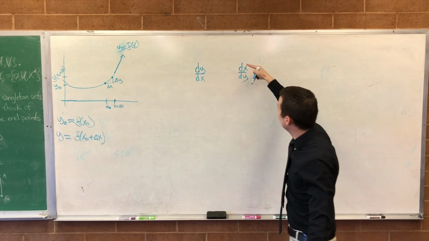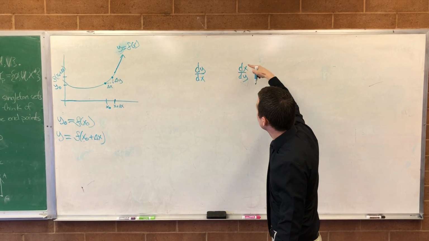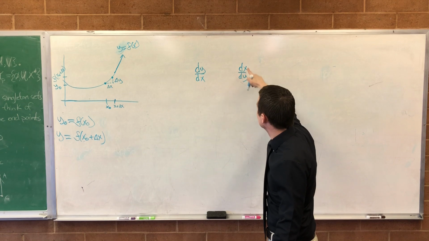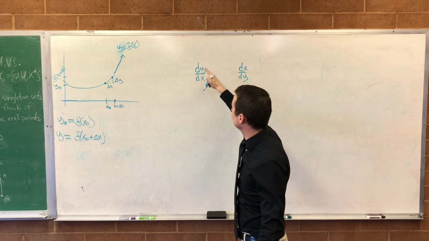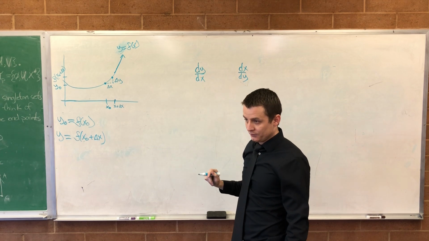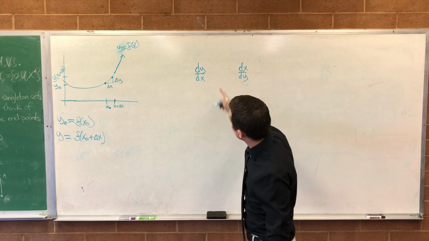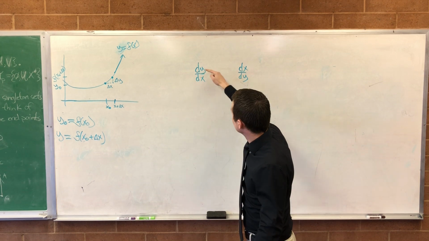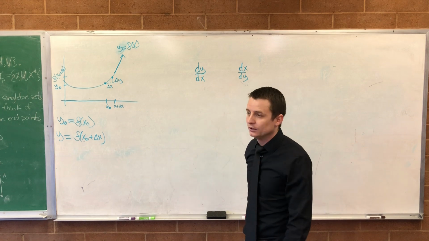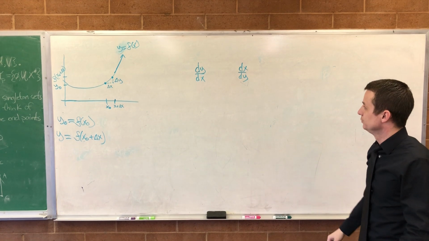So we're taking the derivative of the function x with respect to its variable y. We're taking the derivative of the function y with respect to its variable x. So that's why that terminology is often used. The derivative of y with respect to x. Treat this like the dependent variable and this like the independent variable. Those are ways of saying the same thing.